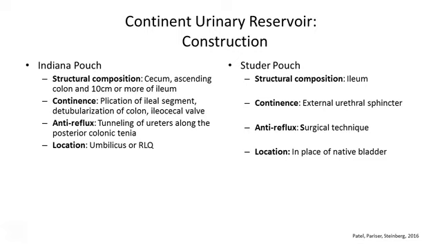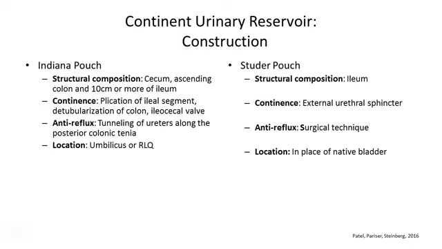The Indiana pouch is composed of the rectum, ascending colon, and about 10 centimeters of ileum. Continence occurs as a result of plication of the ileal segment used, detubularization of the colonic portion, and the presence of an ileocecal valve.